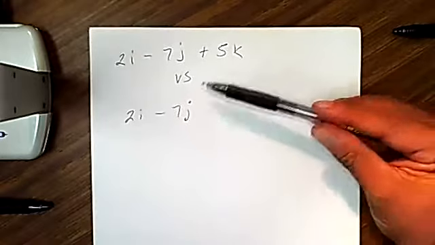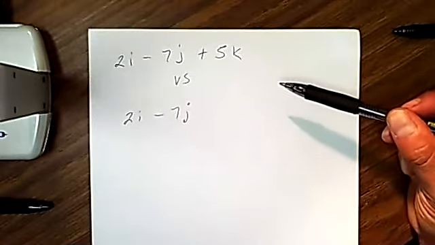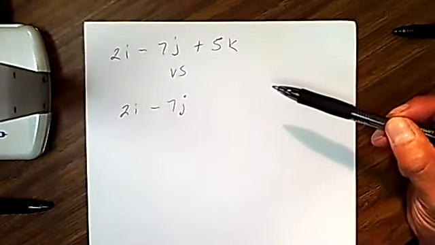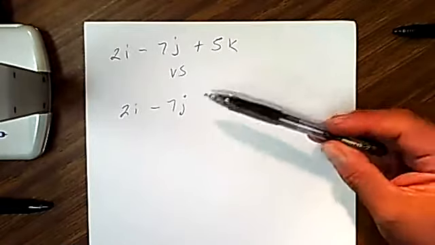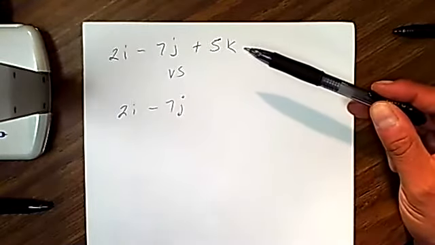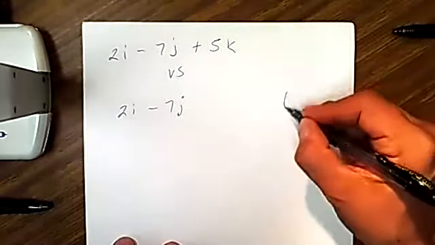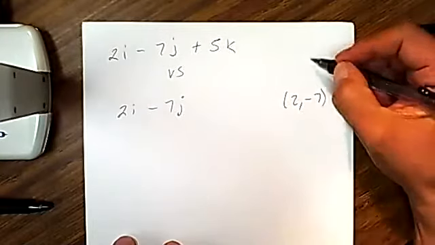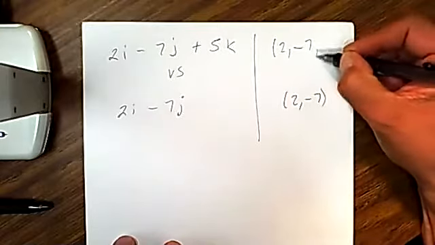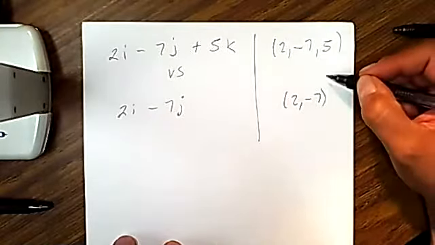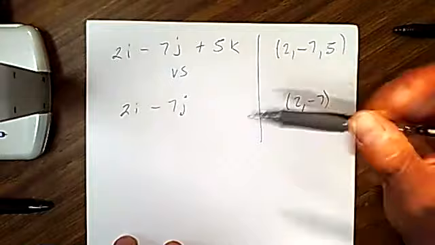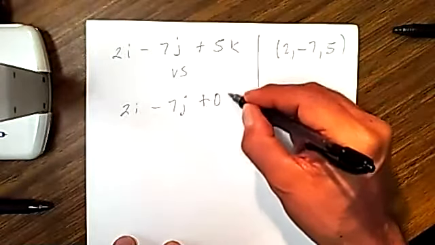This notation, ijk, assumes there are 3 parts to the vector, and if one of them is not written, we assume that part is a 0. So indeed, this is a projection of that, which sort of seems to contradict what I said earlier, that 2 comma negative 7 is not at all related to 2 comma negative 7, 5. They're not related. Here, I am saying they are somewhat related. This is indeed a projection of that because we are assuming there is a 0 here.